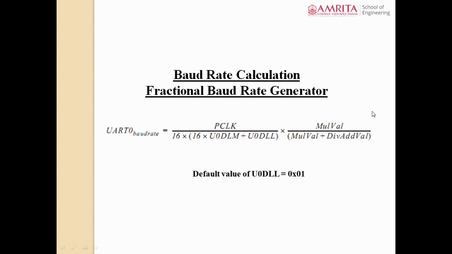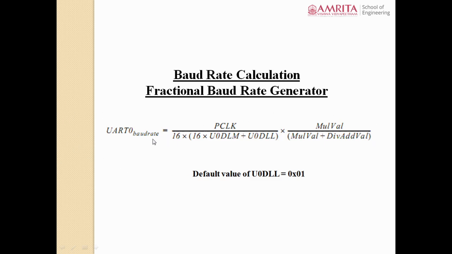This whole thing is known as the baud rate generation or baud rate calculation equation. And who is generating this baud rate or baud clock? This baud clock is generated by a peripheral known as the fractional baud rate generator.